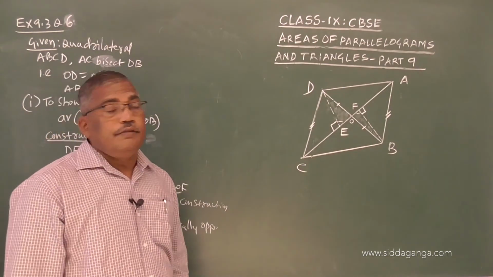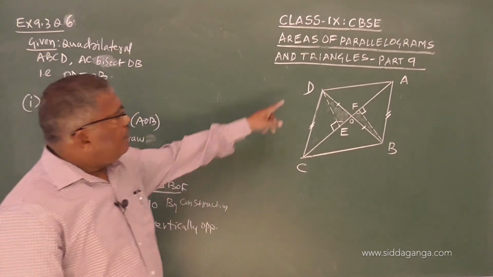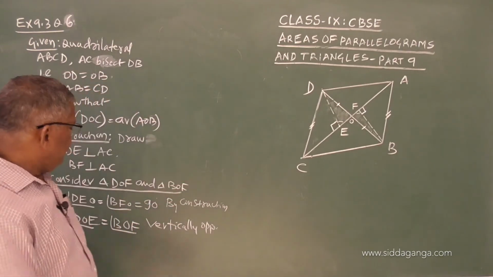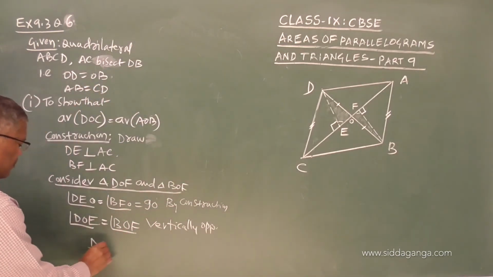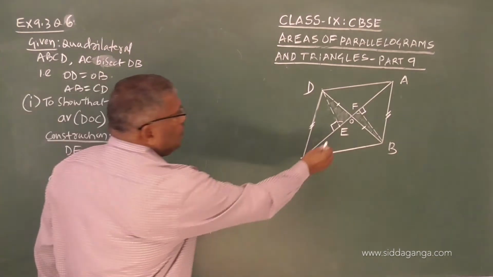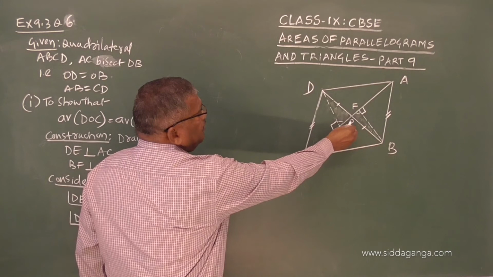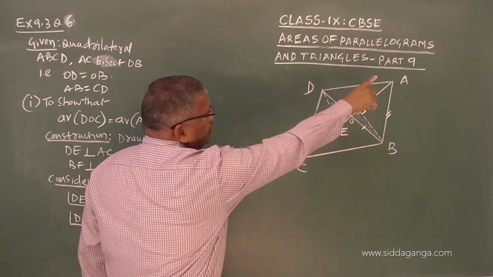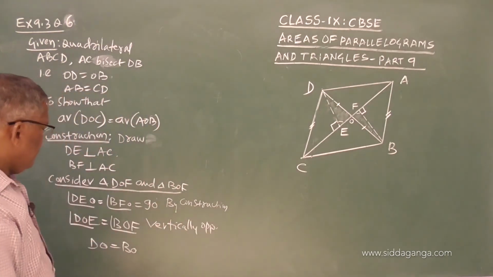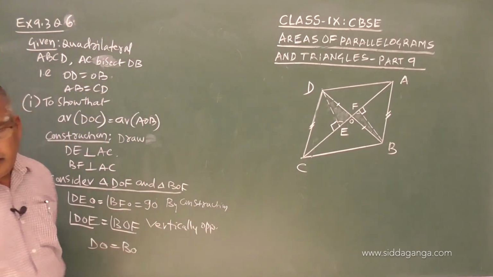Vertically opposite. And we have DO equals BO. It is given. DO equals BO because O is the midpoint of BD, because AC bisects at O. It is given these two are equal.